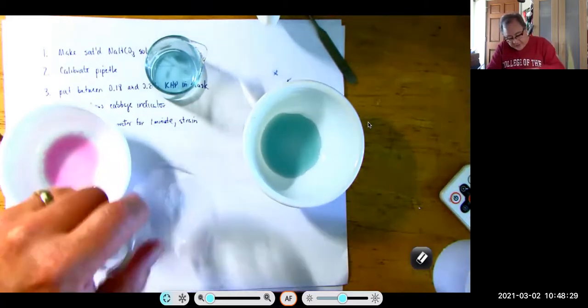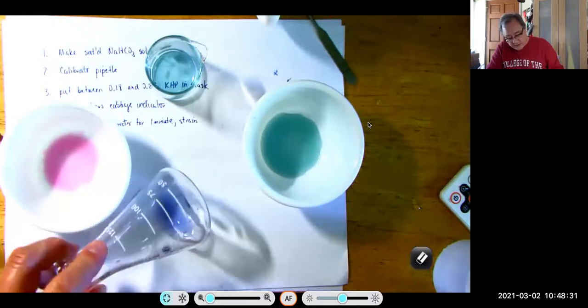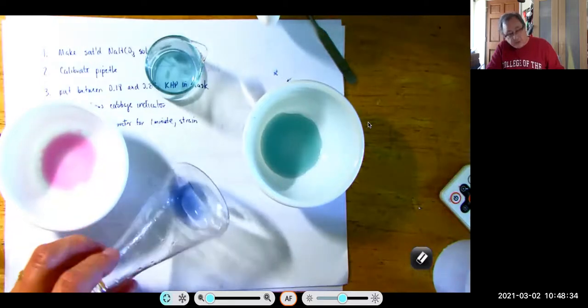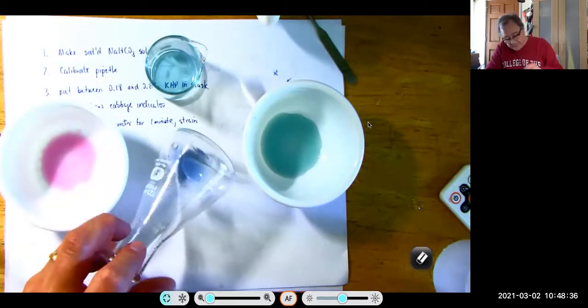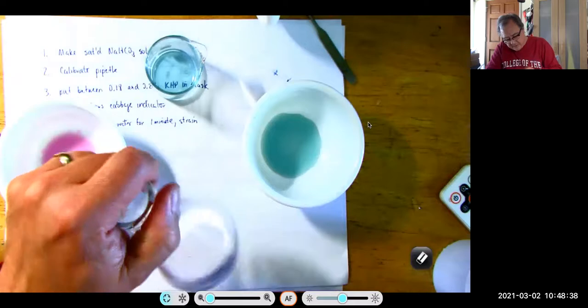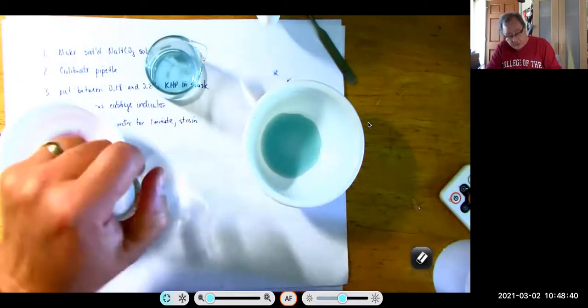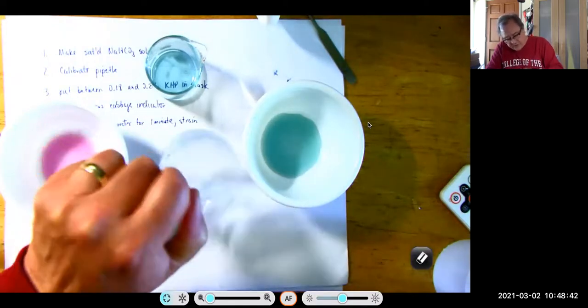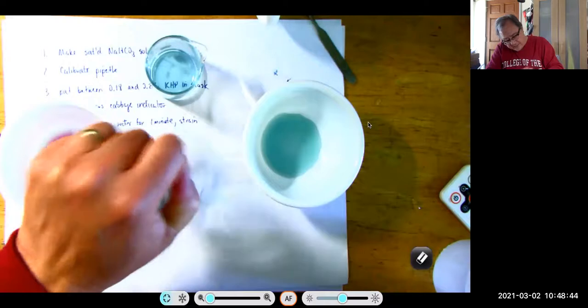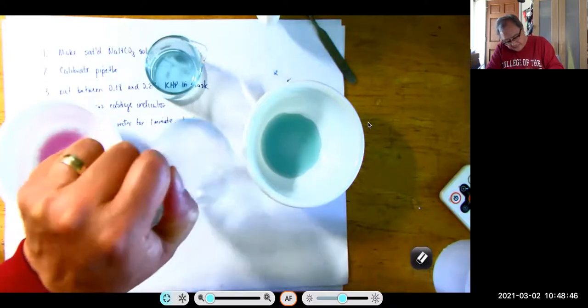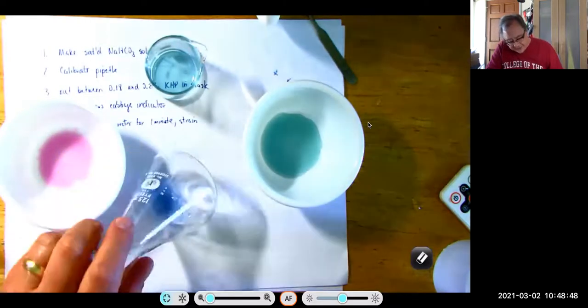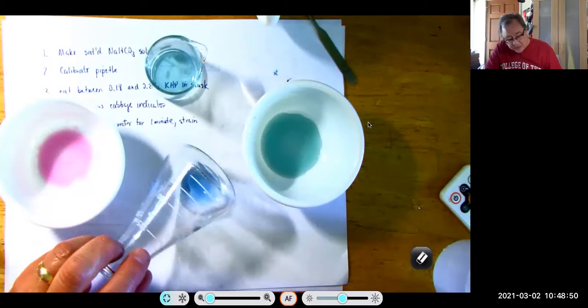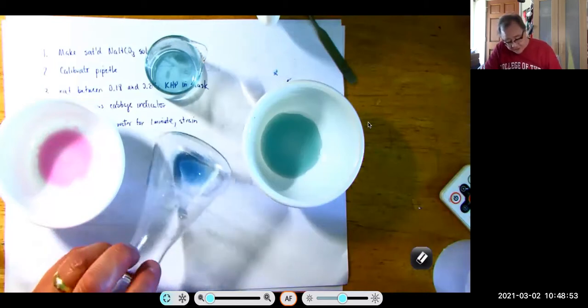And you'll notice that the solution turns this blue color, almost a purplish blue. And I'm swirling, swirling, swirling, shaking, shaking, shaking. And you can still see it's that kind of bluish color, but it's more blue now than it is purplish.